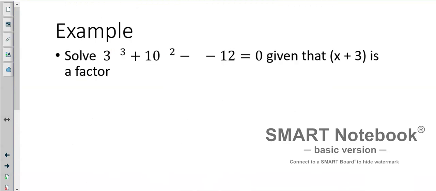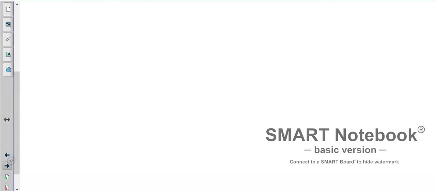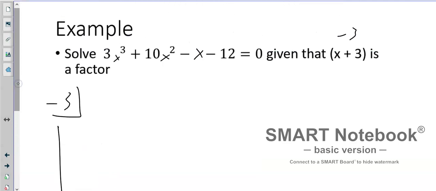All right. Again, this didn't print properly. I apologize. So 3x cubed, 10x squared, minus x, minus 12. Given that this is a factor, so remember we set it equal to 0 and get negative 3 in the box. But remember, way down here somewhere, x plus 3 is going to be one of our answers. Don't forget that.